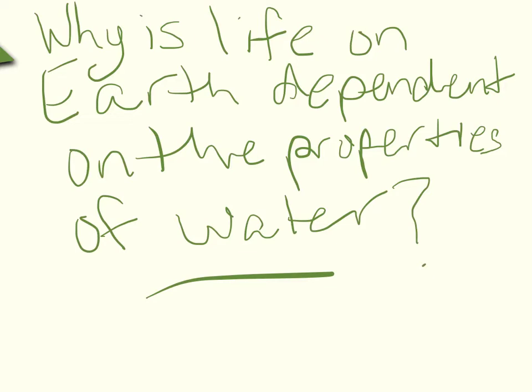They find something that looks like water might have run through previous rivers. They get excited because water indicates the possibility of life. So why is life on Earth dependent on the properties of water? That's one of those big picture questions that shows evidence of everything you could have understood about AP Bio.